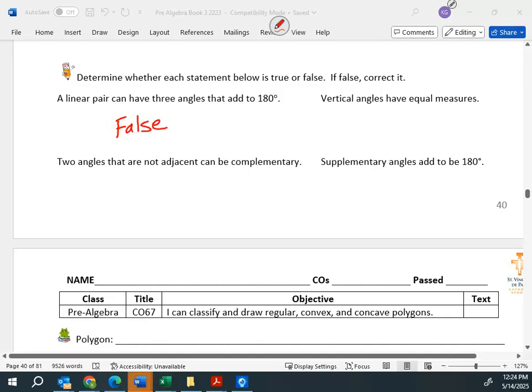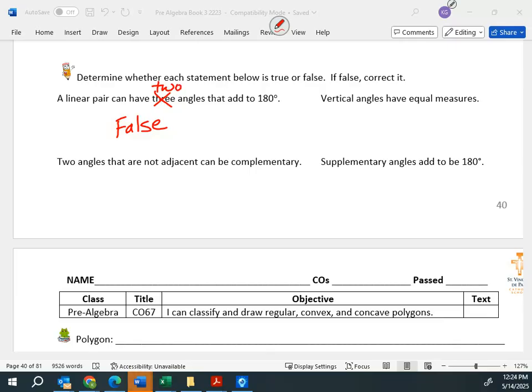Say it a little bit louder for me. So how many angles would that be, Christina? 2. So if I am fixing it to read for it to be true, I would have to change it because it wasn't 3 angles. A linear pair is 2 angles that add to 180 degrees.